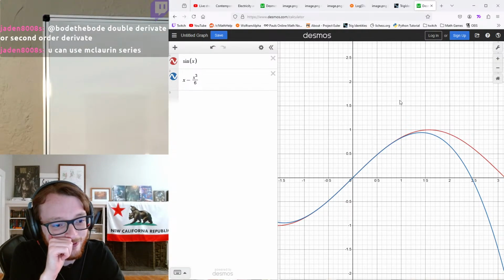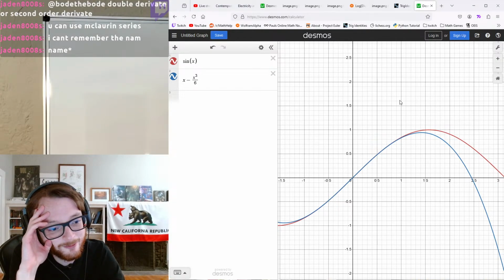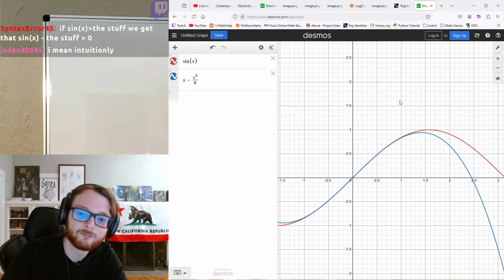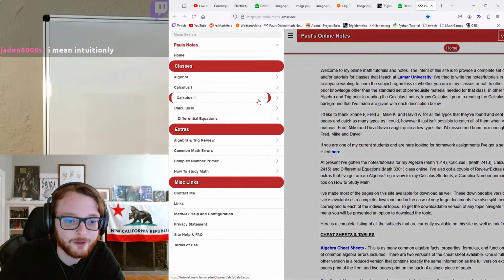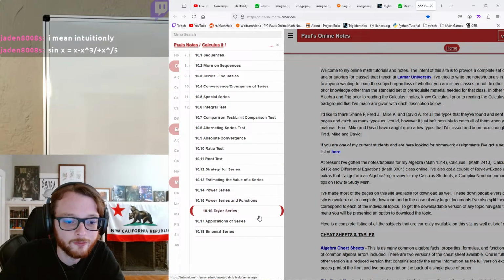Taylor series or Maclaurin, depending on what you're centering around. Sine x minus the stuff is greater than 0. Is there anything you can do with the remainder? Like maybe what syntax error is saying, with showing it's positive? I'm interpreting it, at least.